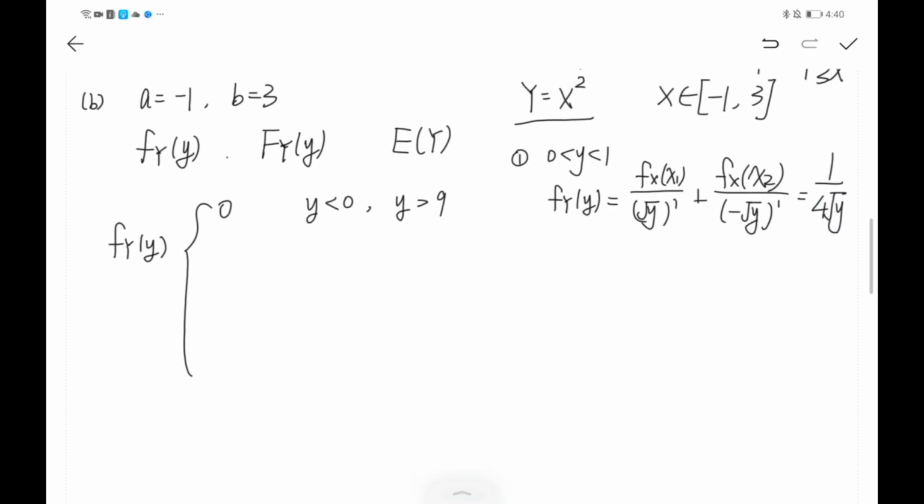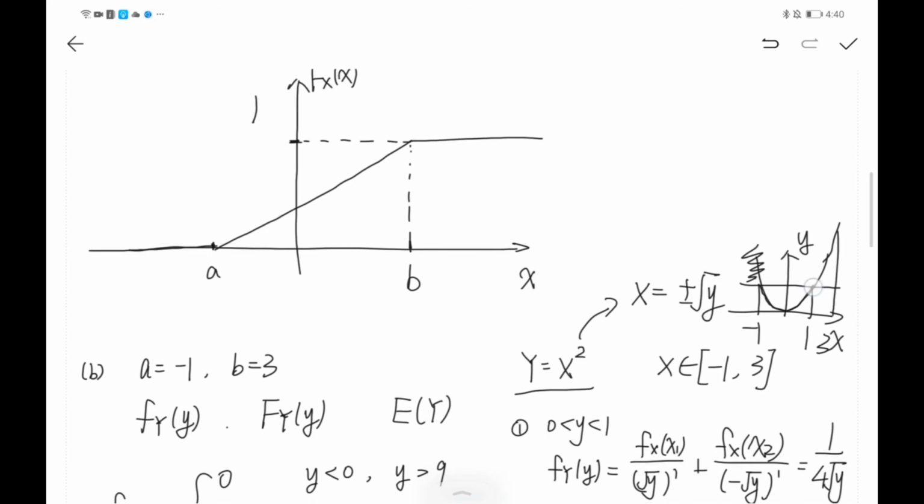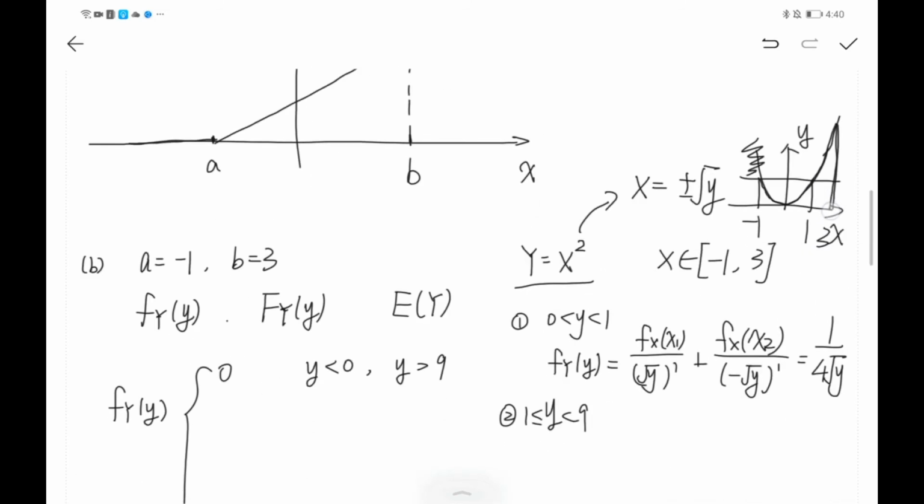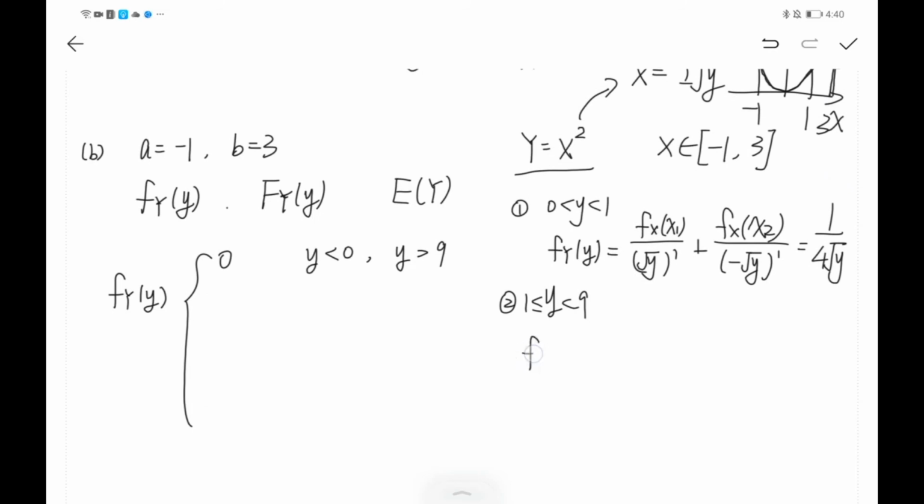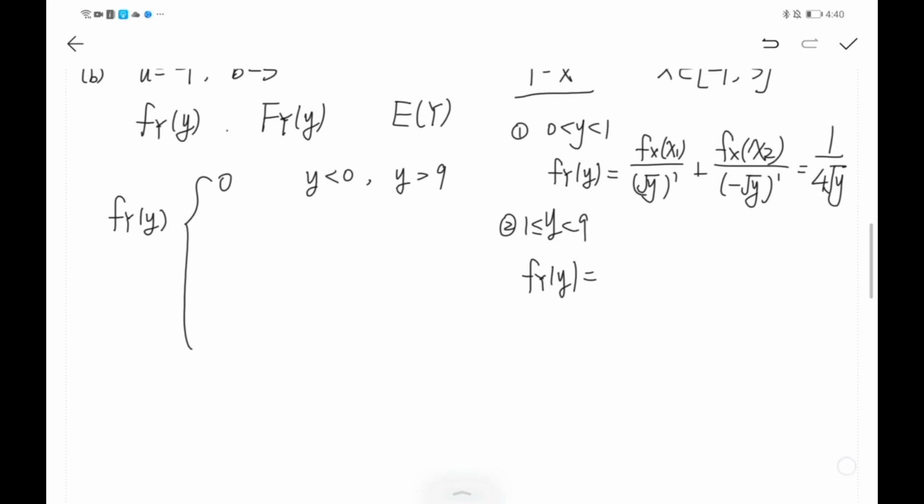And for y from 1 to 9, obviously it has only 1 root. So the density function equals f of x at the root times the derivative, and it equals this.